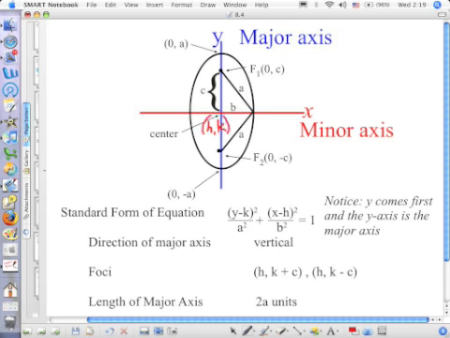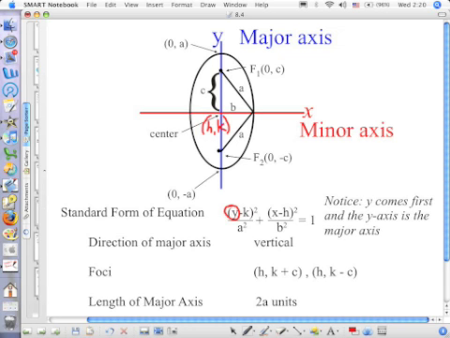Right. Now notice the formula. What comes first this time? They stay with the same denominator? Yes, because remember, this whole fraction pertains to the major axis. And a is the distance to the major axis.